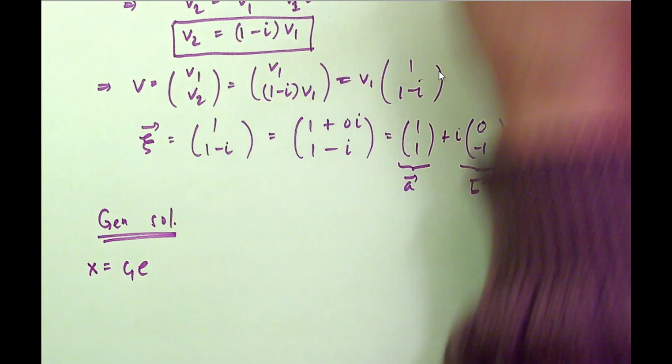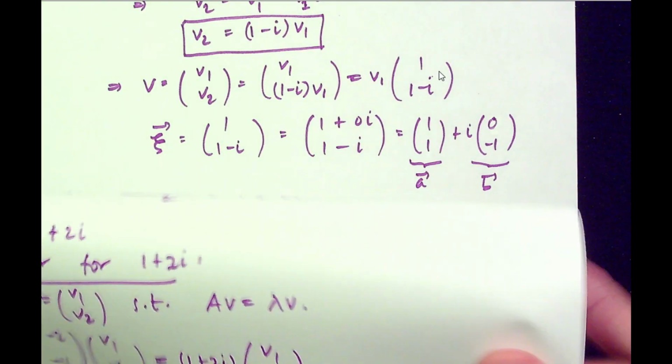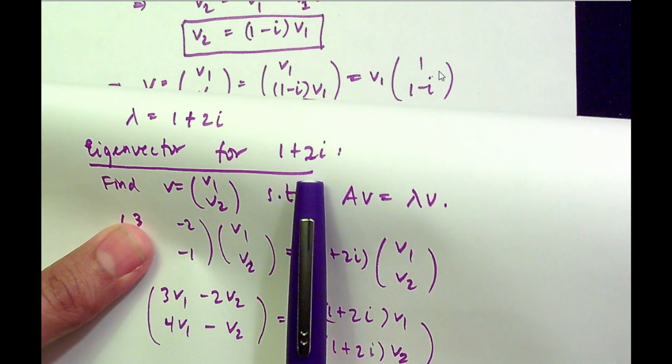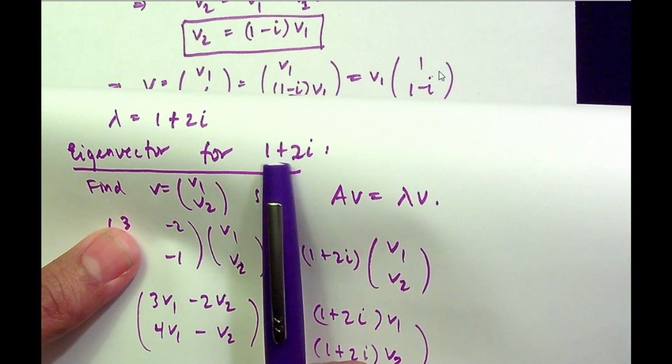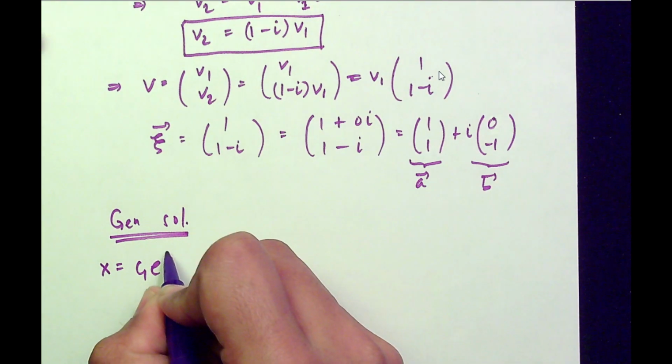The eigenvalue that we were working with was 1 plus 2i. So the real part is 1, the imaginary part is 2. So that would be 1t.